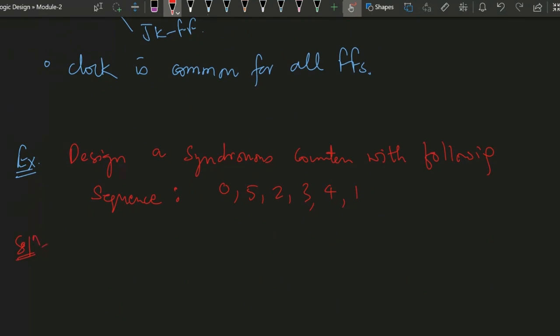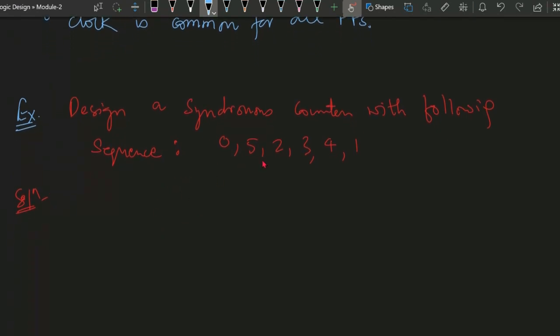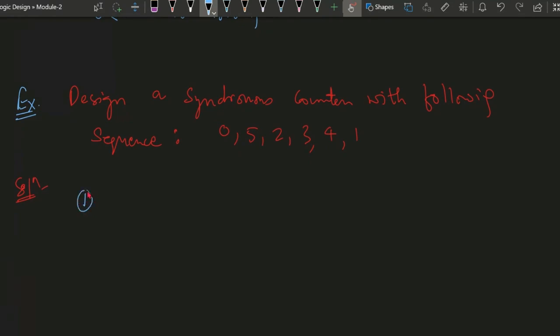We will be looking at how we can start. There are different steps that we need to follow while designing the counters by using the synchronous mode. So what are those steps? The first step that we basically follow is we need to identify the number of states.